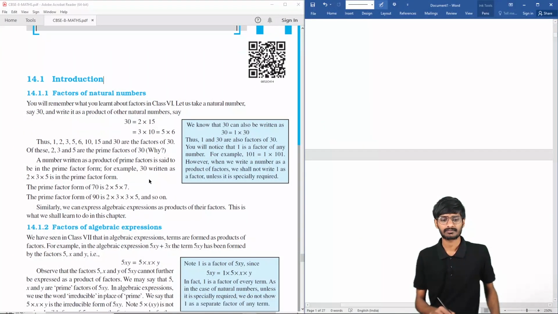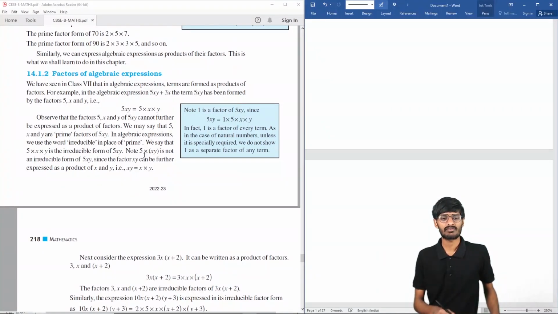Okay, students. Now, factors of algebraic expressions. In class 7 we have discussed algebraic expressions. Basically, an algebraic expression will have terms.